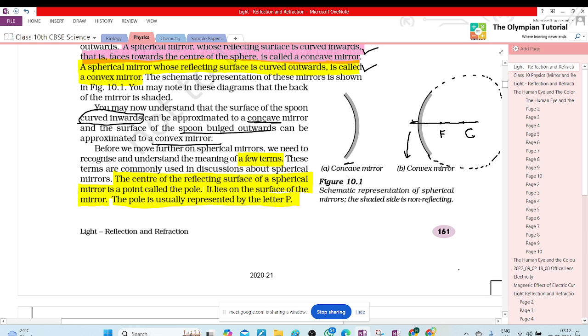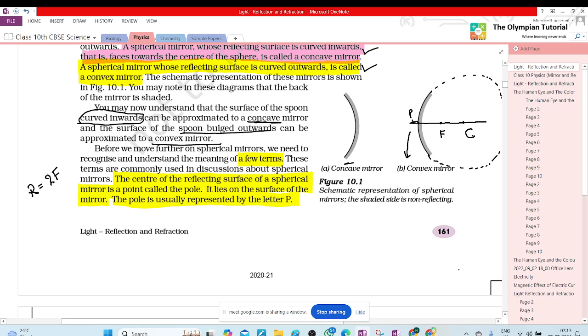When we join this line, this point is known as the pole. This distance PF is the focal length, FC is the distance between focus and center of curvature, and PC is the radius of curvature. So we can say the radius of curvature is double the focal length.